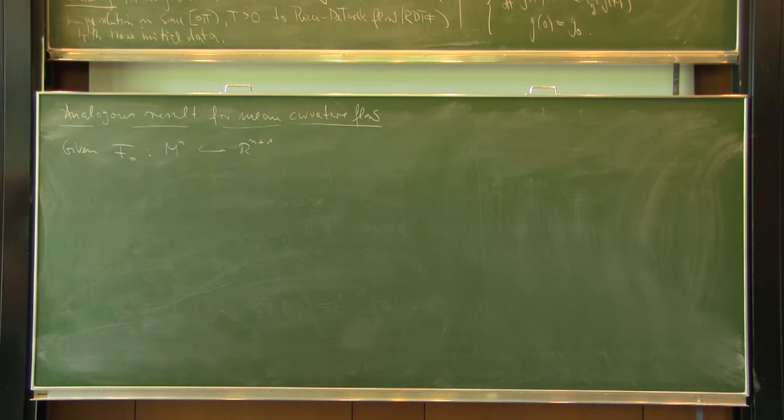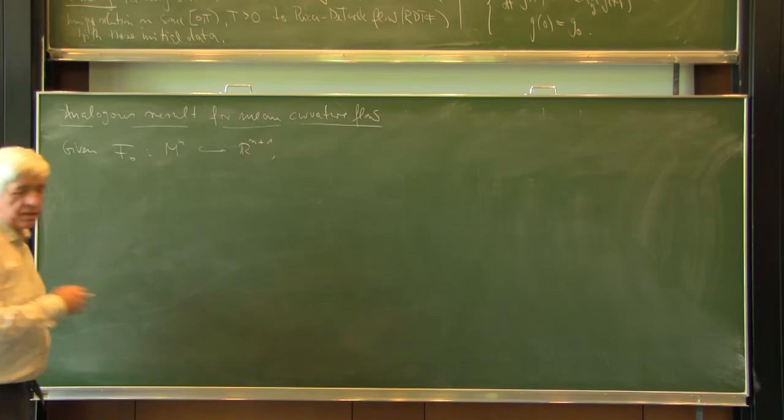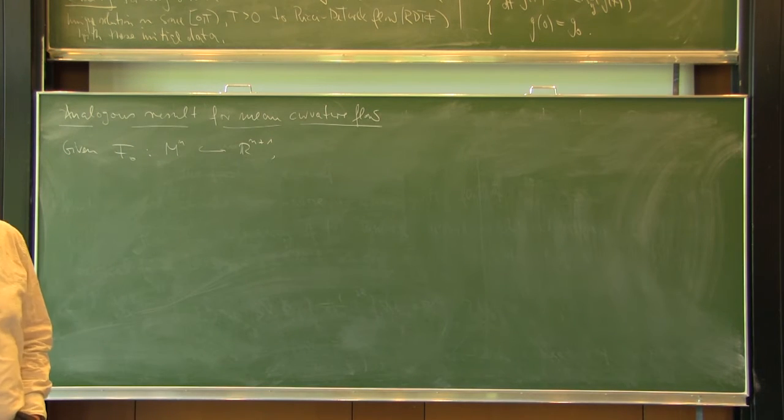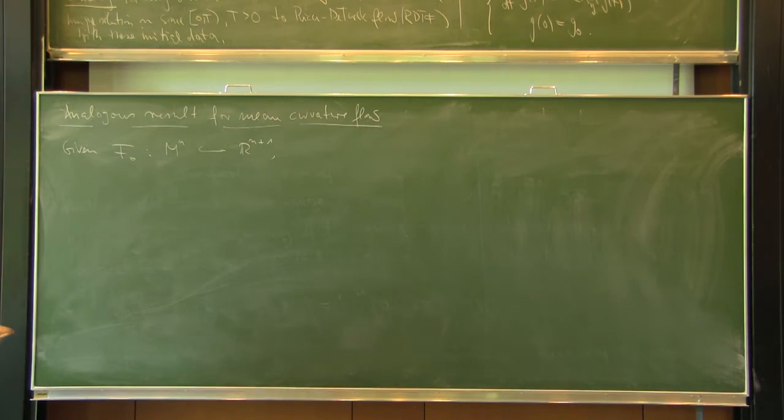exactly the same for any codimension, and actually you could go into any Riemannian manifold. It just makes the formula a little bit longer, the linearizations and the arguments will be exactly the same.